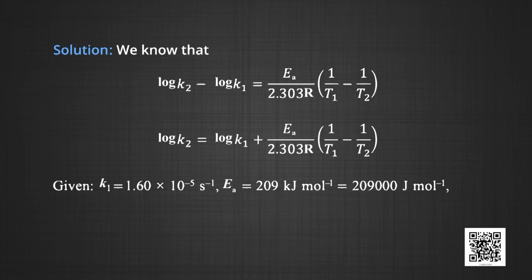Now the given data is K1 is equals to 1.60 into 10 raised to power minus 5 per second. Activation energy is given 209 kilojoules per mole. Now it is given in kilojoules, so we have to convert it into joules. So it will become 209,000 joules per mole. Temperature T1 is given in Kelvin, 600 Kelvin, and T2 is 700 Kelvin.